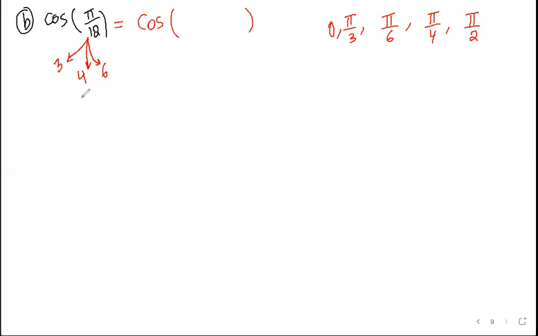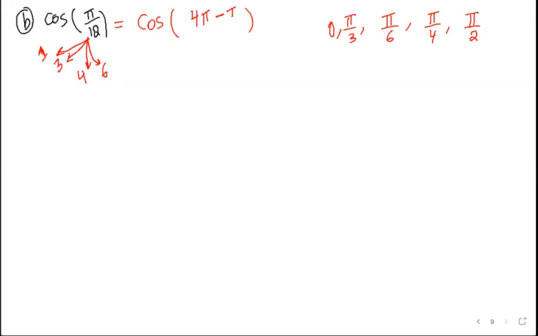Okay, so I can set 4 pi, and also 1. These numbers are factors of 12. So I can set 4 pi minus pi. That's true.